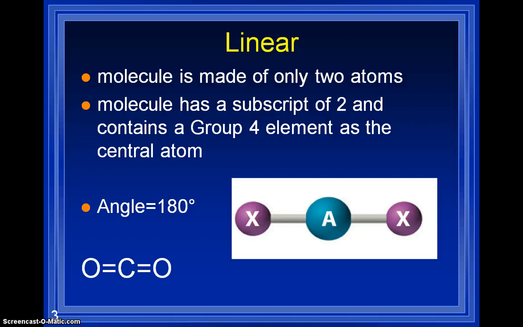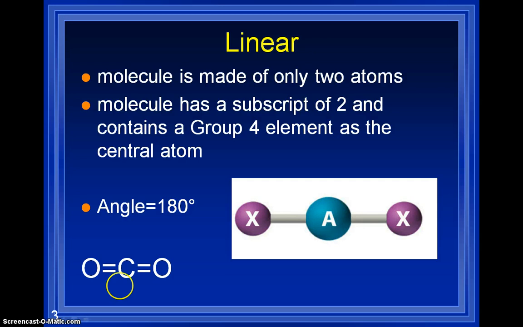Linear is a molecule that is one of two things you can identify from the formula. It only has 2 atoms, like HF, hydrofluoric acid, or HCl, hydrochloric acid. Each one of those only has 2 atoms: 1 hydrogen and 1 chlorine, or 1 hydrogen and 1 fluorine. Also, linear molecules are ones that have a subscript of 2 and contain a group 4 element as the central atom.